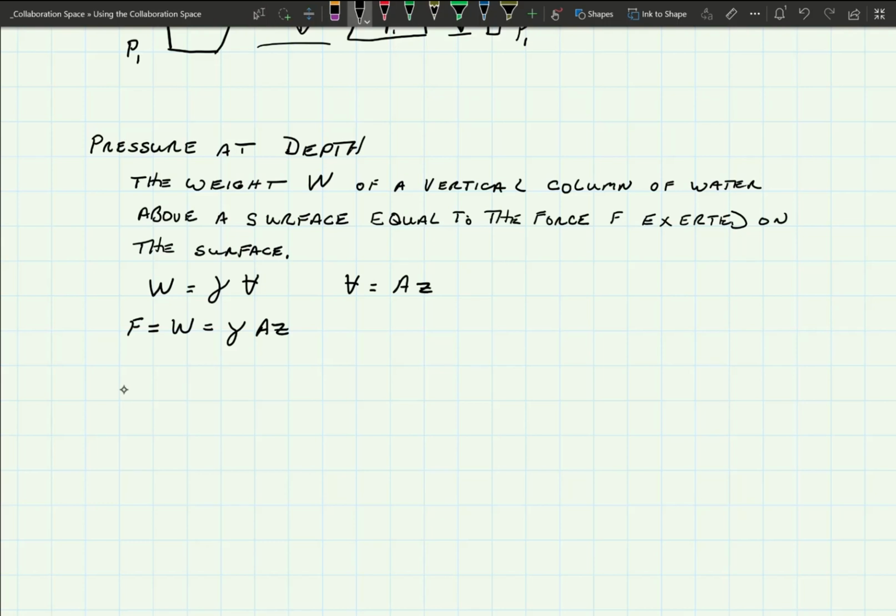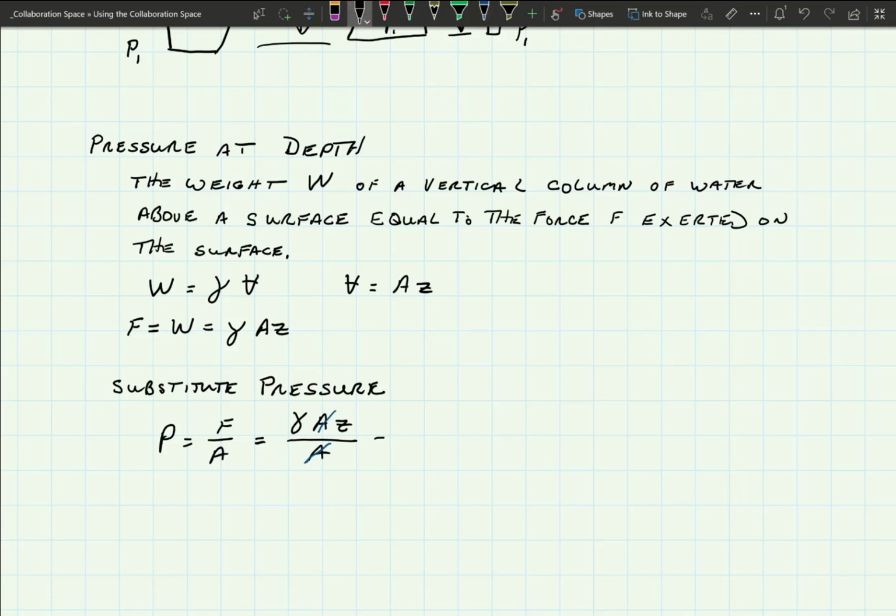And if we substitute pressure in, we get P equals F over A, which will be equal to the specific weight times A times Z over A. And we have some fun with the math, and we knock the A's for a loop.